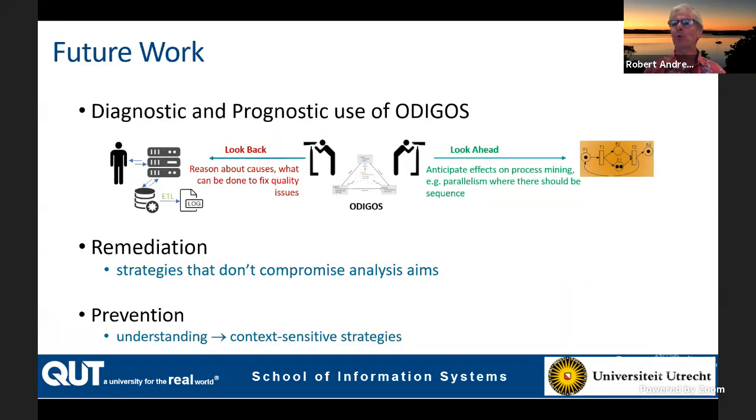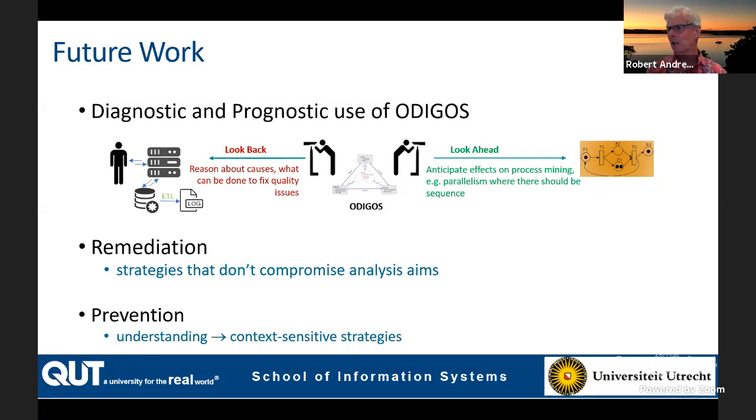Lastly, in future work, we see that Odigos lends itself to diagnostic and prognostic use. Given an event log, we can look back to reason about the causes of event data quality issues and what can be done to fix them.